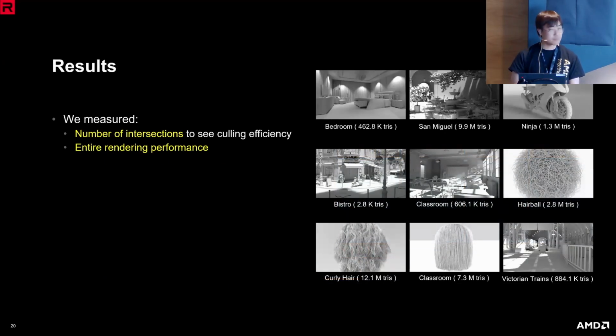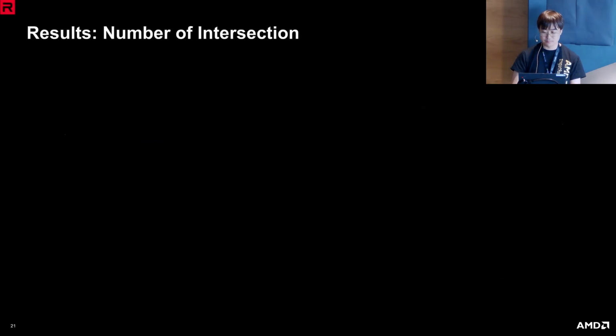We evaluated our method with several scenes. We checked the number of intersections to see culling efficiency, and also measured total rendering performance. First, we measured the number of intersections.